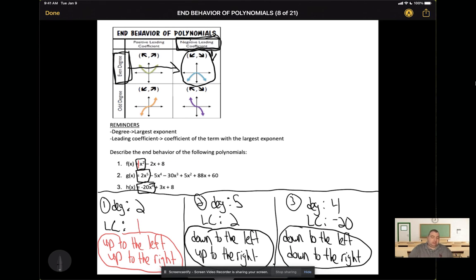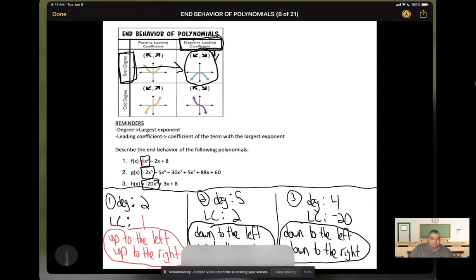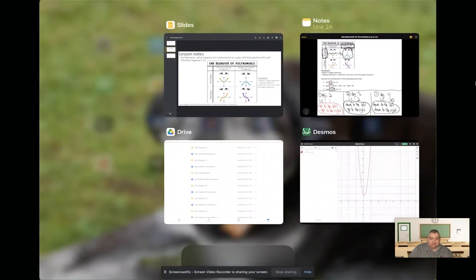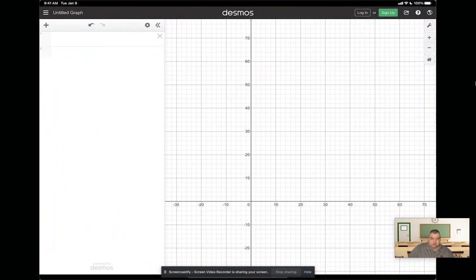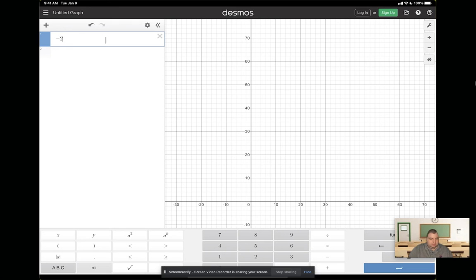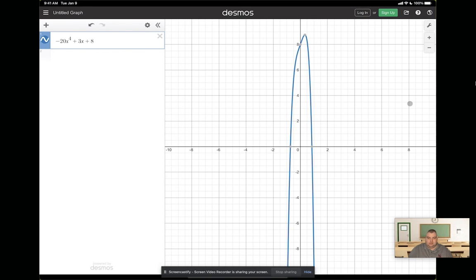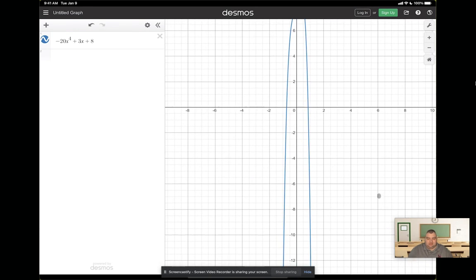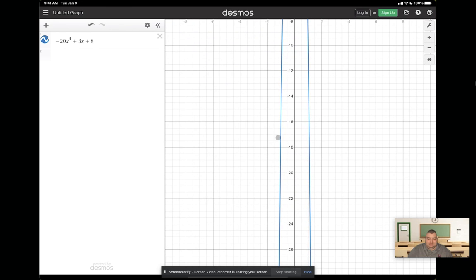Just to check it, let's go on Desmos and actually graph number 3. So again, it's negative 20x to the fourth plus 3x plus 8. We can see it does indeed go down to the left and down to the right.